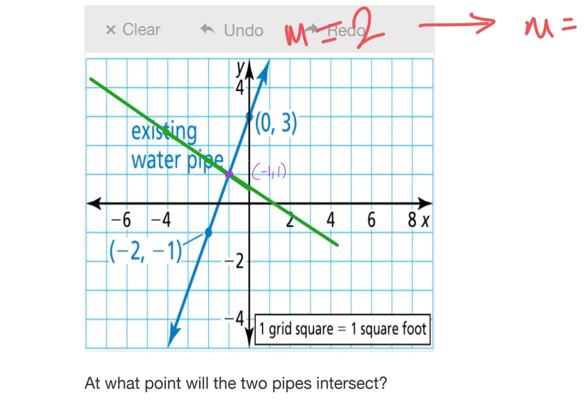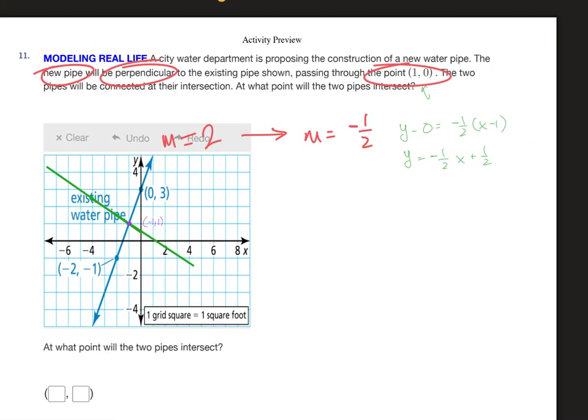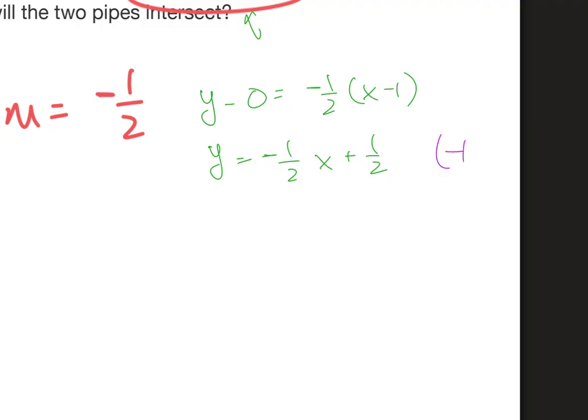Now, I want to be exactly sure that I'm correct, so I would plug that in here, and technically I would want to plug it into this blue equation too, but we don't have a blue equation, so let's at least plug it in here. Negative 1, 1, so x is negative 1, y is 1. 1 equals negative 1/2 times negative 1 plus 1/2.